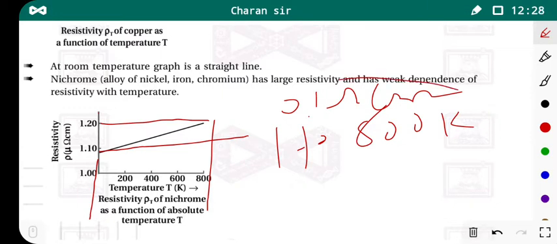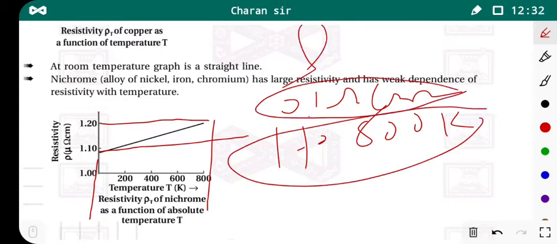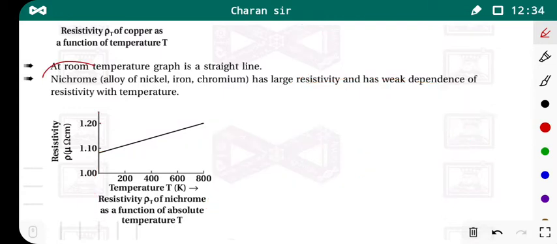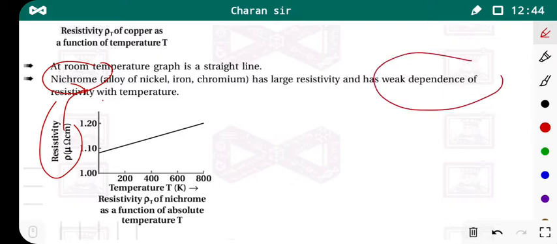So this is a very small change in resistivity with respect to temperature. For alloys like nichrome, the resistivity does not depend largely on temperature, but shows a weak dependence.